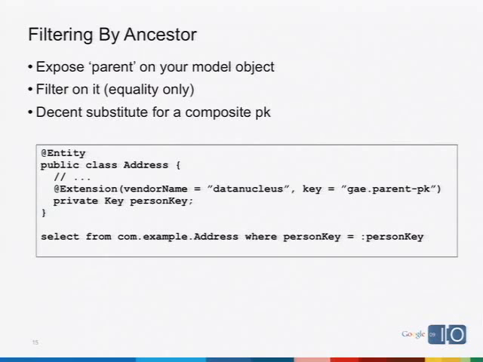And when you query based on this field, we can recognize that and say, oh, the field that they're querying by is a parent primary key. Let me execute an ancestor query. And so you can see that this query down here is just a standard JPA query, there's nothing special about it, but we're interpreting it in a special way because of this annotation.